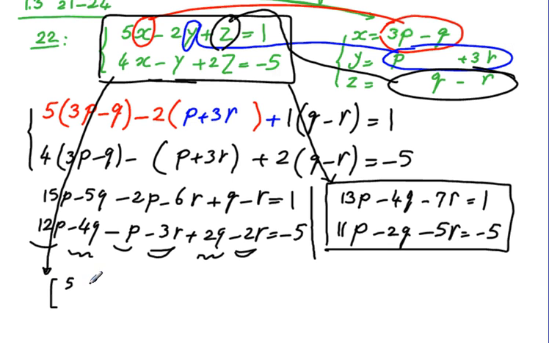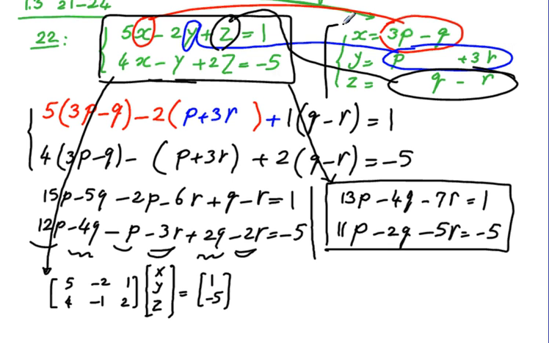My matrix 5, negative 2, 1, 4, minus 1, 2, the coefficients we pick. And the next thing I have is x, y, z, and then my right hand side 1, minus 5. So I have a 2 by 3 matrix times the 3 by 1 matrix. The result is a 2 by 1 matrix.